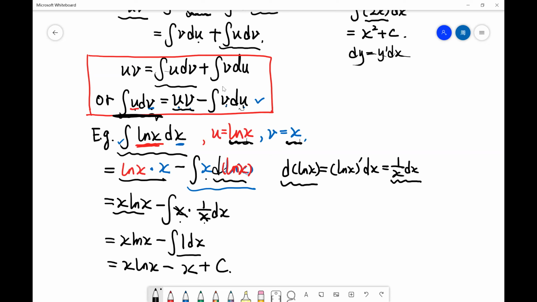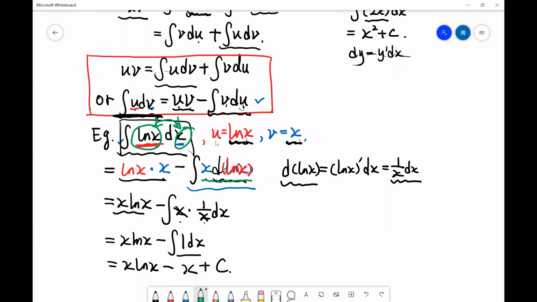And the second part, from the formula, you just exchange the places of U and V. Here, on the left, ln x dx, right? We just change these two parts. So when we change the places here, that is x d ln x. Can you understand this step?